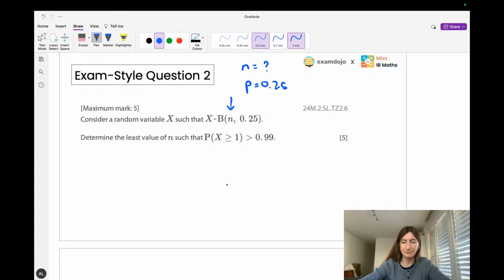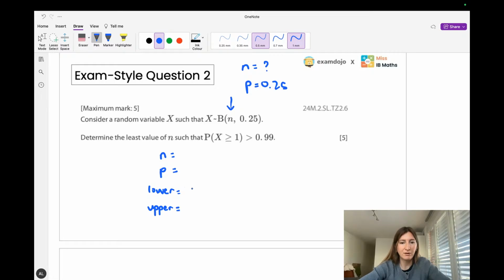Okay, that's a lot to take in. So let's think about that. If we're wanting to go to our calculator and find the probability that x is more than or equal to 1, remember, we're going to need n, we're going to need p, we're going to need a lower value of x, like a lower bound, and an upper bound.